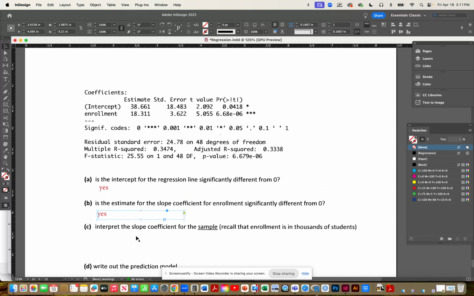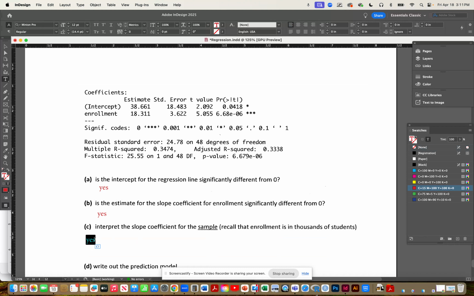Part C. Interpret the slope coefficient for the sample. Recall that enrollment is in thousands of students. Remember how to interpret the slope?